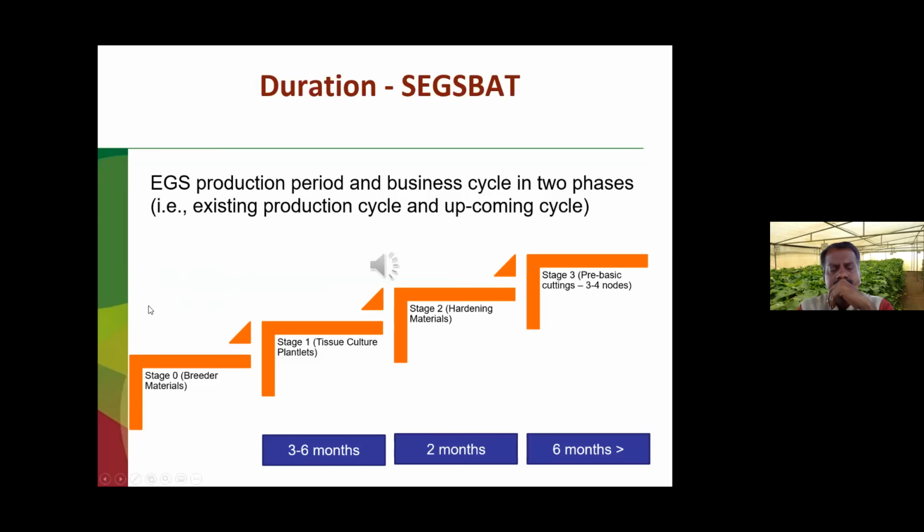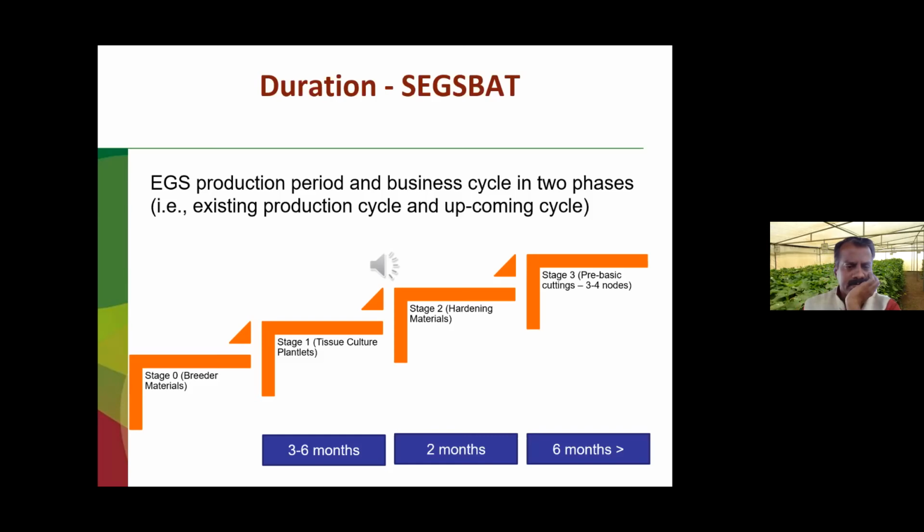The analysis period, I mean the duration that is required as a reference, is the complete early generation seed supply chain duration, which means right from the stage, I can split that stage-wise, right from the breeding, which I should call stage 0, and stage 1 is the tissue culture plantlets multiplication process.